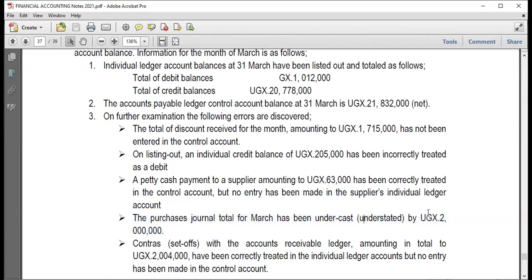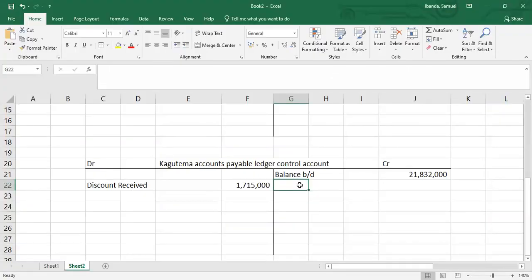So we shall pick this 2 million and record it on the credit side here as our credit purchases.